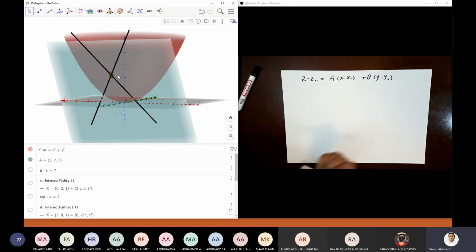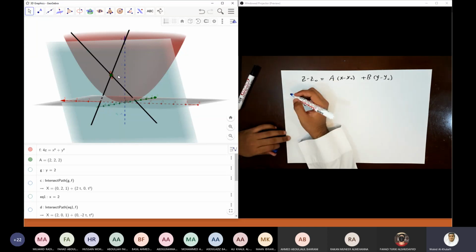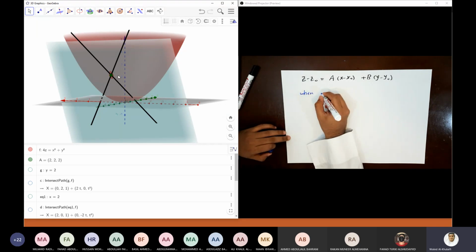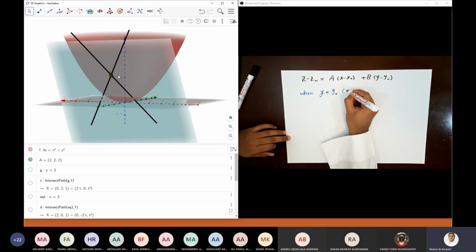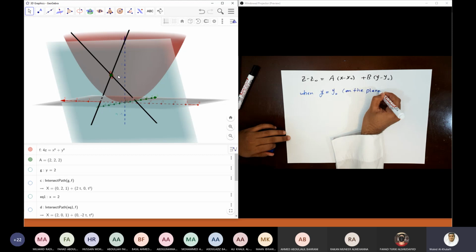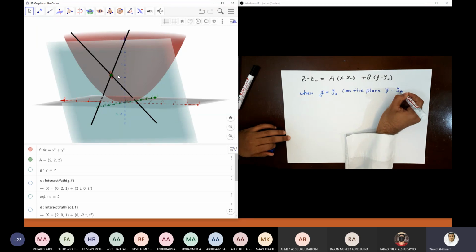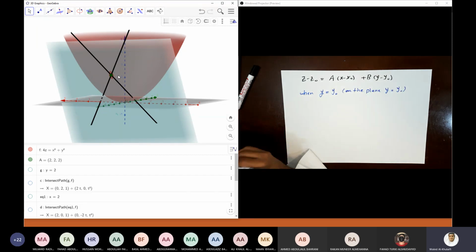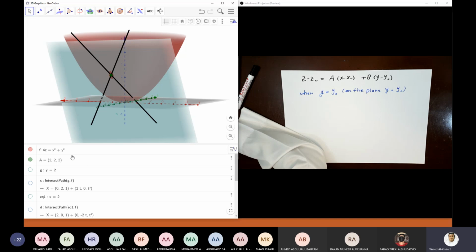Well, now notice that we have two tangent lines. So let's say y equals y naught on the plane. Now remember, Shabab, when y equals y naught, let me do it in the software.